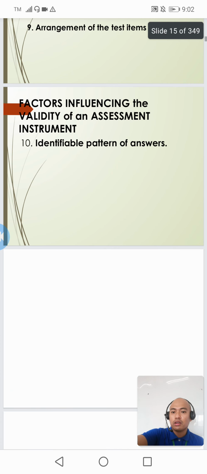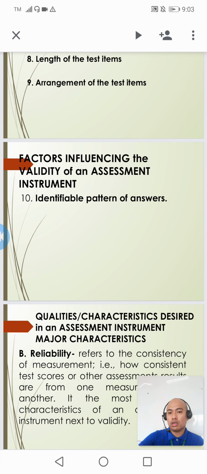For the 10th factor, this will talk about identifiable pattern of answers, a systematic pattern of correct answers, and this will lower again the validity of the test. This is according also again to Asaad 2004. In a multiple choice type of test, is it appropriate to use pattern on your answers?